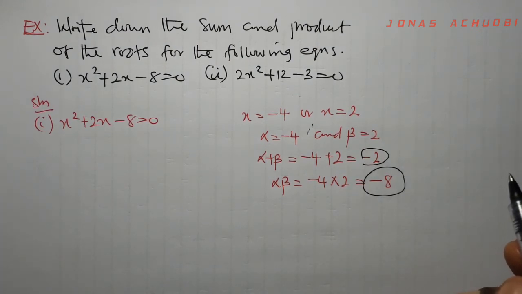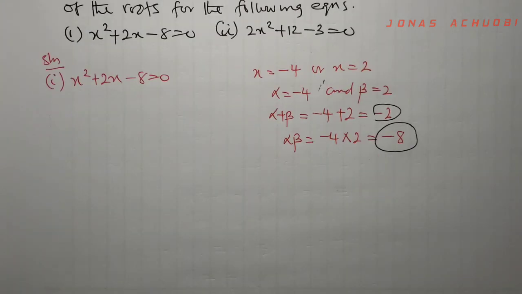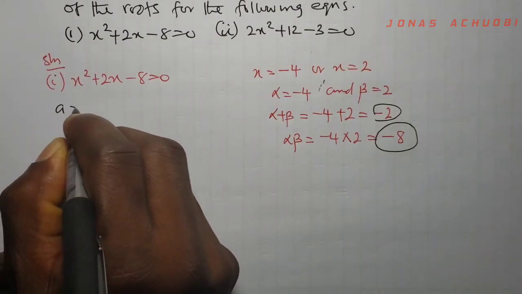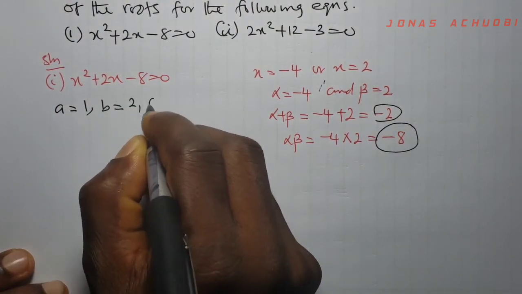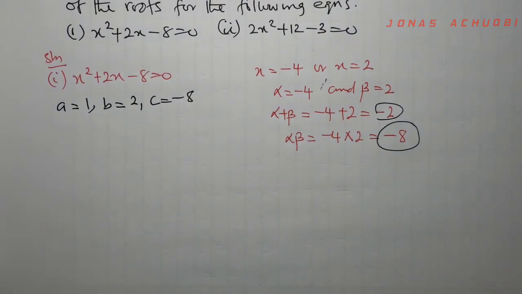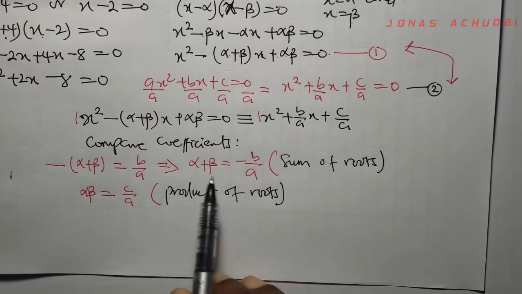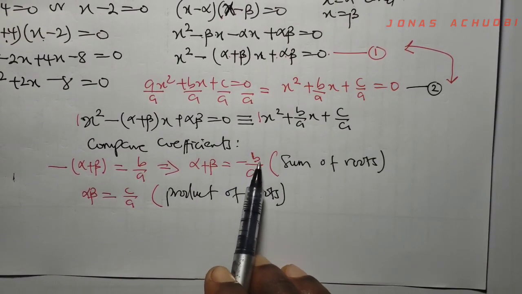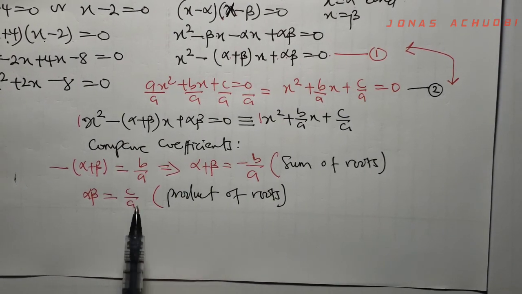Now let's use the formula we just derived to see if it will correspond with what we have. So first, a here is 1, our b is 2, and c is negative 8. From what we had derived earlier, the sum of roots alpha plus beta is equal to minus b over a, and the product of the roots alpha beta is c over a.